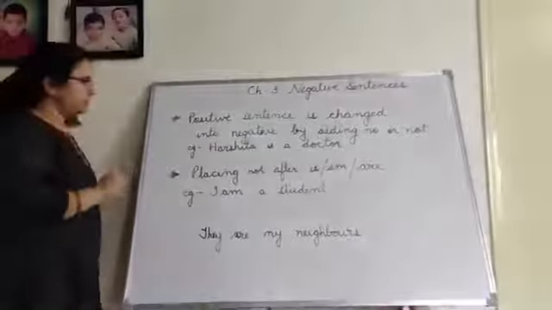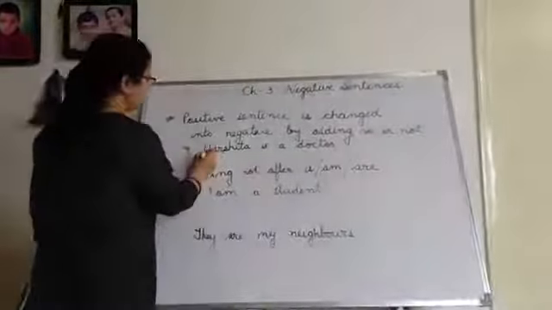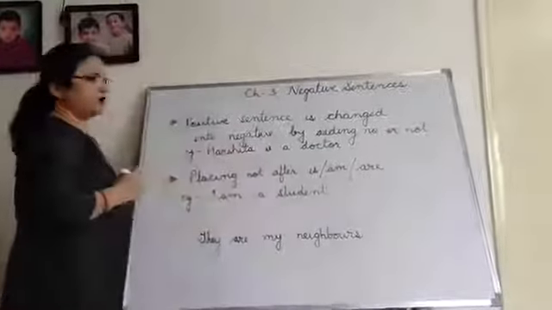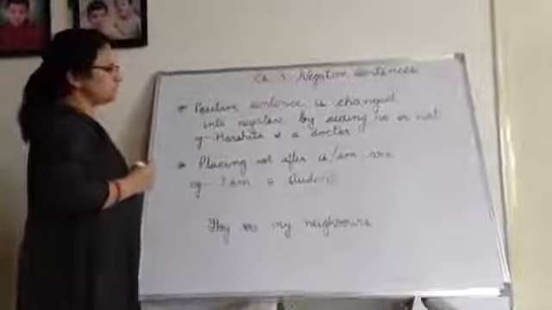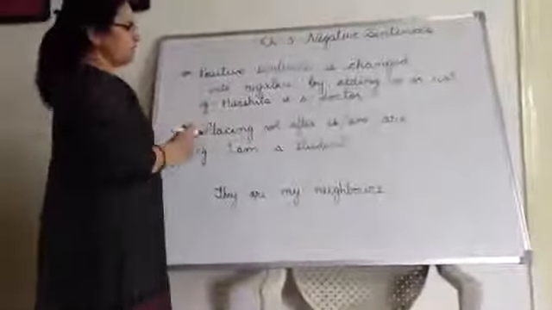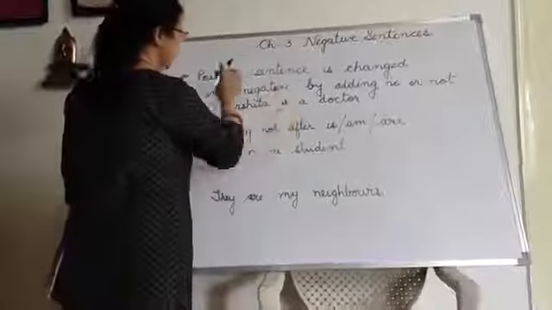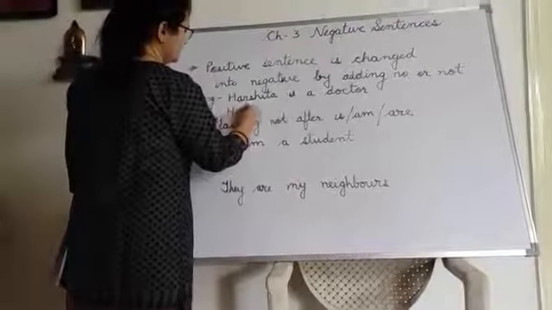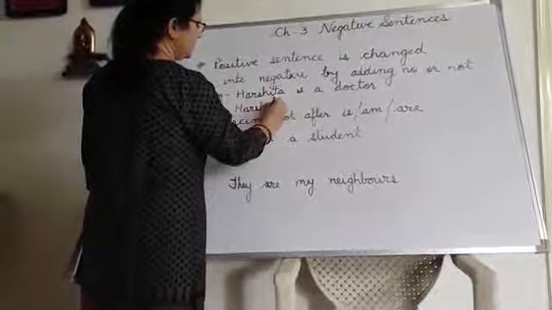Now, let's understand it from an example. Harshita is a doctor. Now, where will you place no or not? You will place not here. So, let's write Harshita. How will you make it negative?